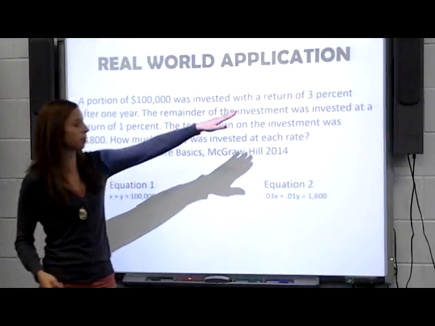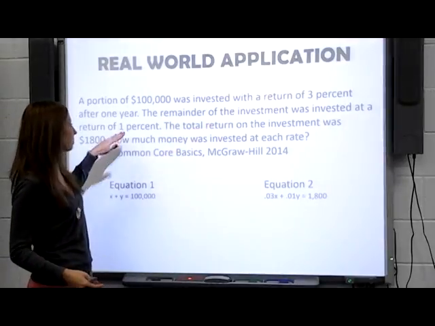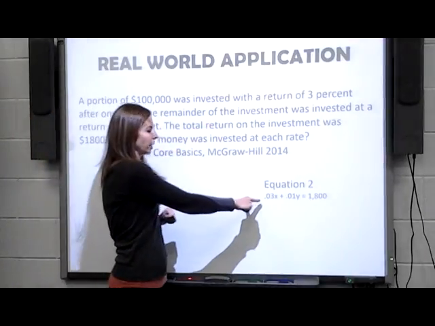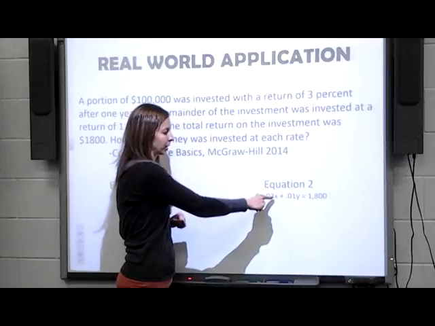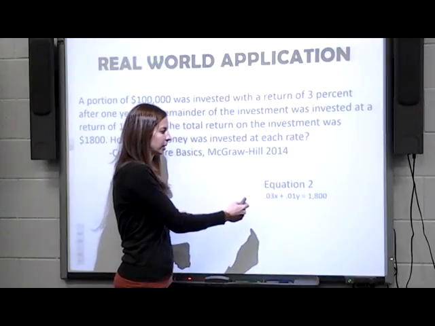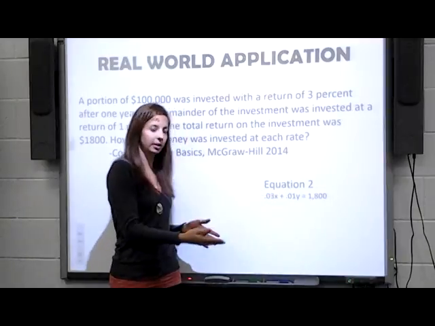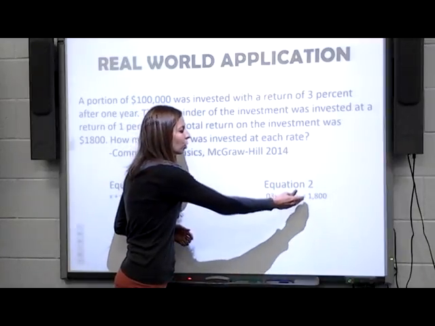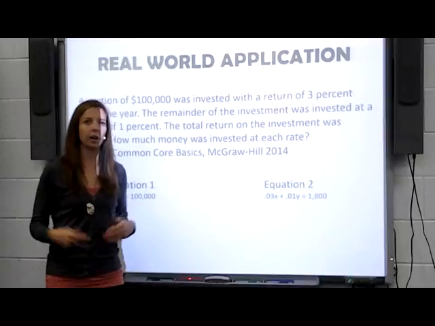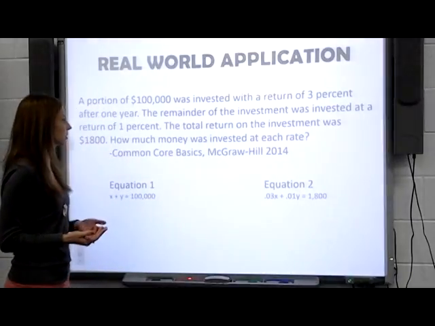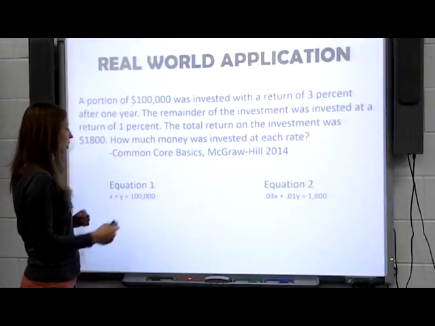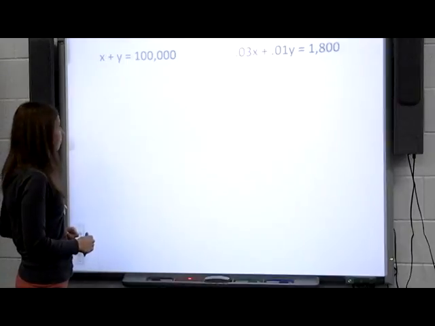We know that we got a 3% return rate and a 1% return rate. So if we multiply 0.03 times our first investment plus 0.01 times our second investment, which is Y, we know that we will get a return of $1,800. Okay? So those are the two equations that we're working with.